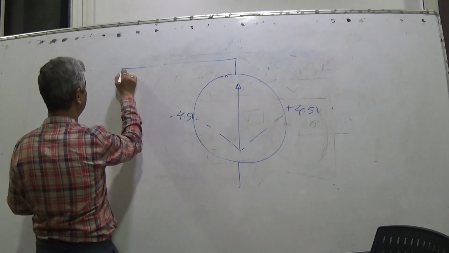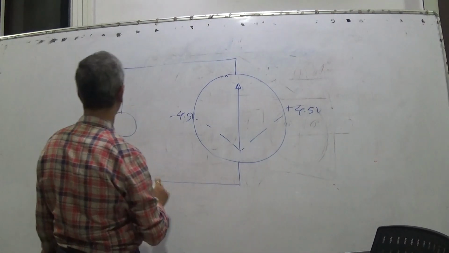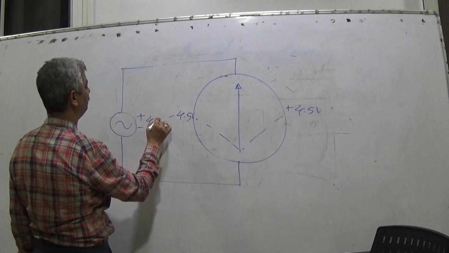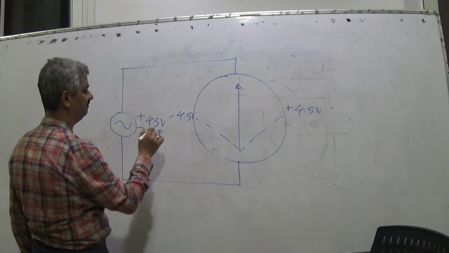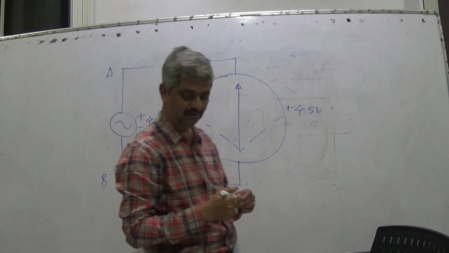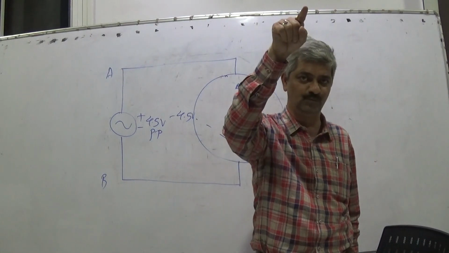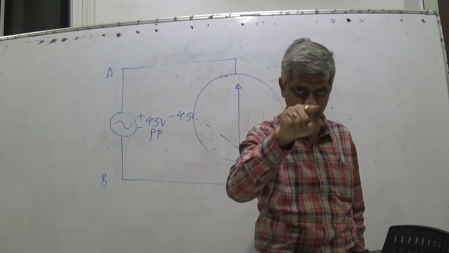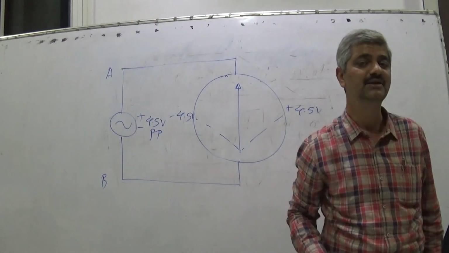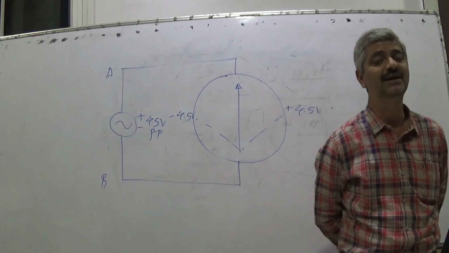an input to it, of AC plus minus 4.5 volt peak, means VAB will increase from 0, will go to plus 4.5, will decrease, come to 0, will become negative, go to minus 4.5, and then it will continue in a sinusoidal manner which you are aware of, and it is having a frequency.